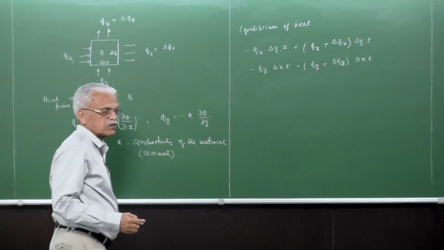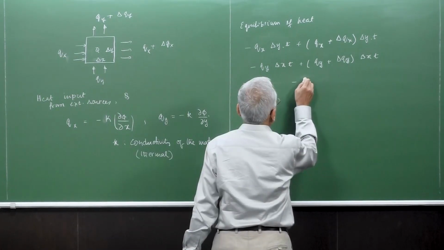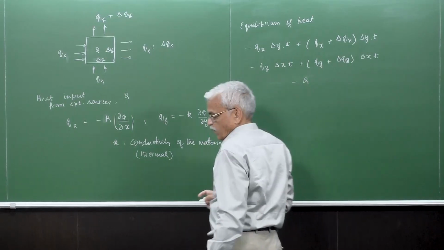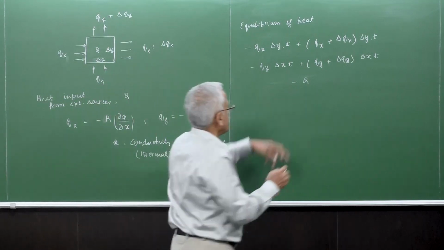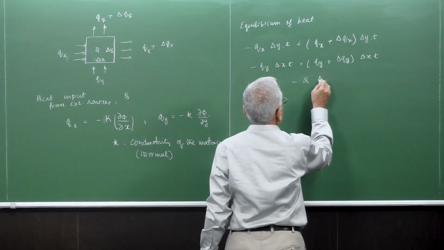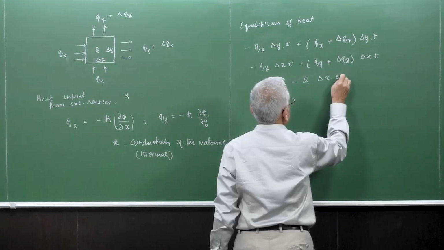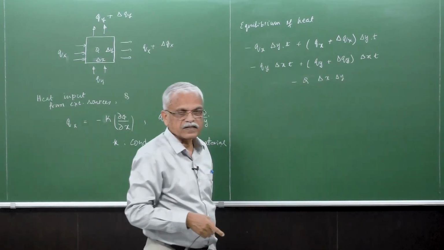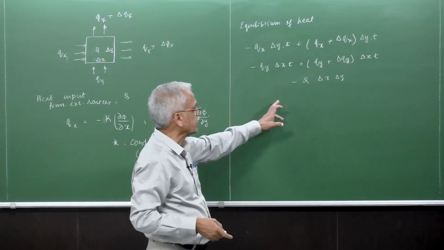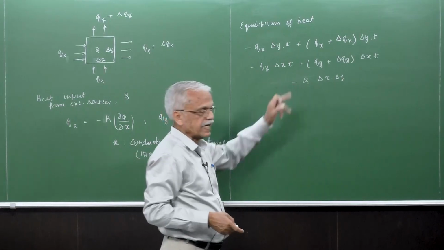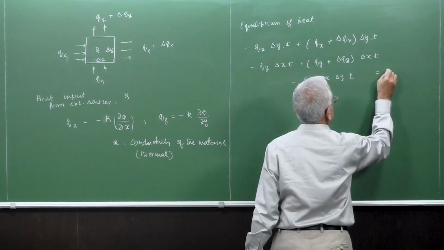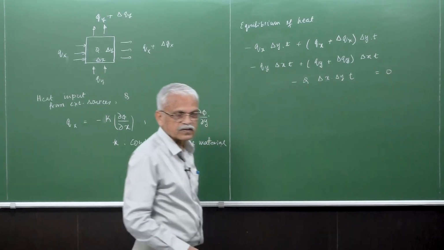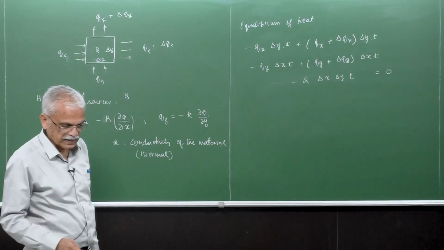Apart from this, we also have Q, the heat coming from external sources. This is also entering the system, entering this representative volume, so we take it as negative and multiply by T. This is equal to 0. So this is the total balance of heat.